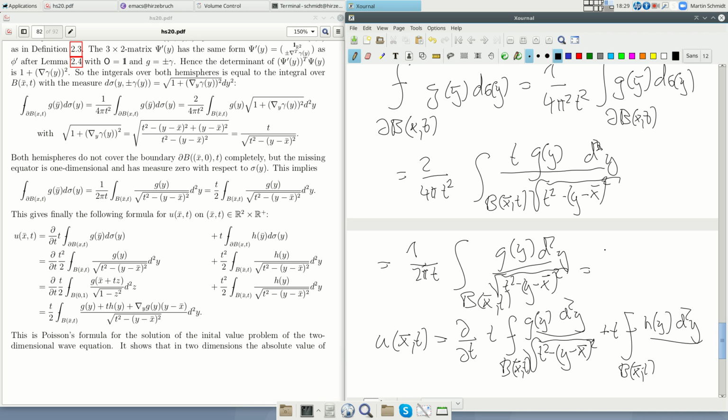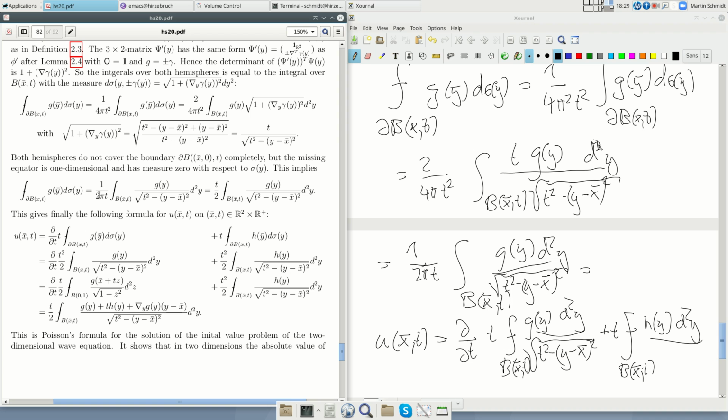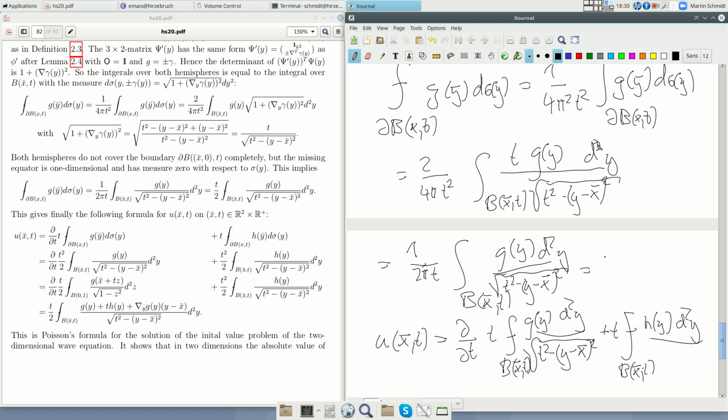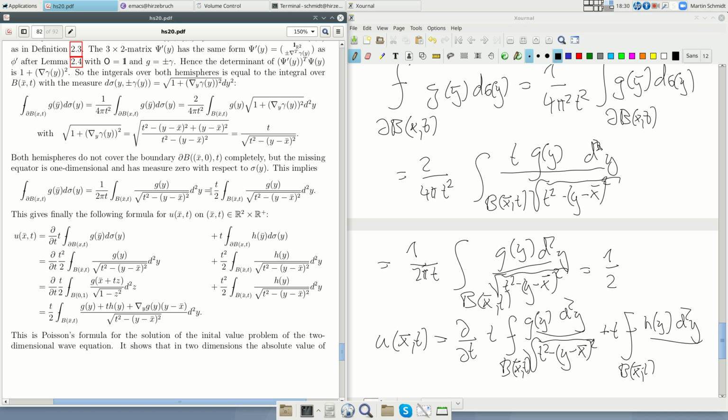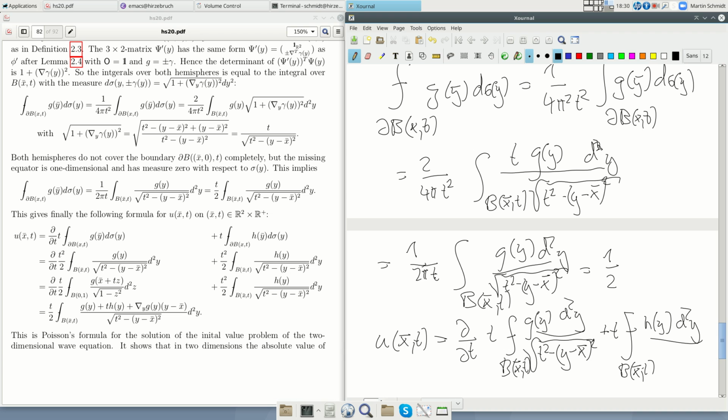Finally, now we want to transform it to the mean, and then we get again this 2 pi, but the two-dimensional ball has volume pi times t square. So this is now 1 divided by 2, and of course, since we have only one t, to get t square we need an additional t.